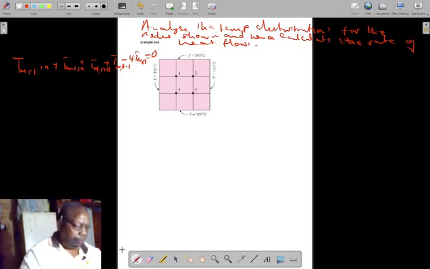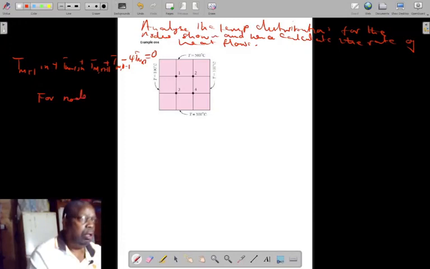So now let's have a look at node 1. This is our node here, node 1, and if we move to the right we will go to node 2.